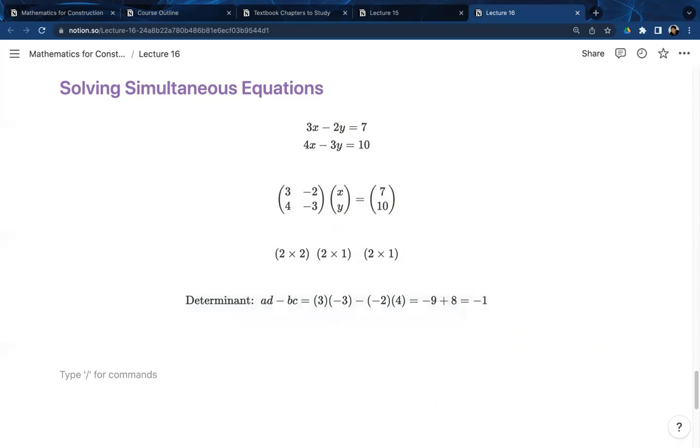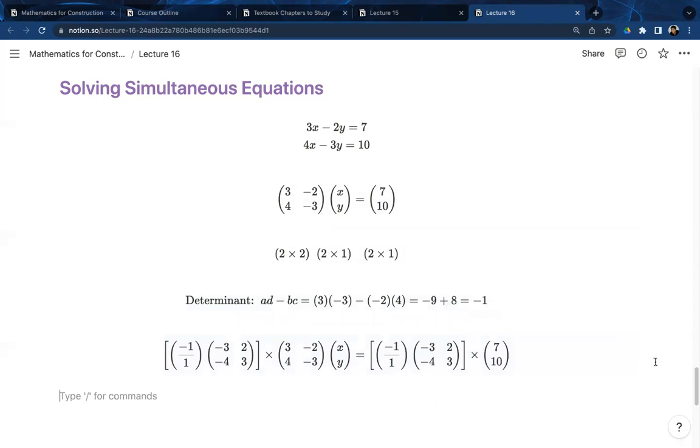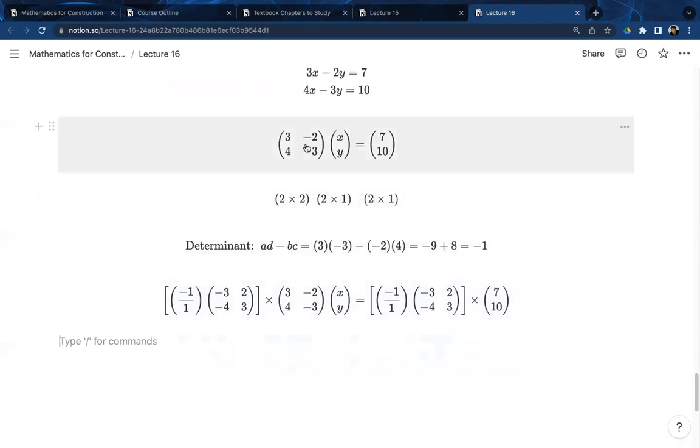So what we want to do is multiply both sides of that equation by the inverse. We want to put the inverse on the left, and if you put the inverse on the left, you have to put the inverse on the left of the 7 and 10 too. That's what we do here.